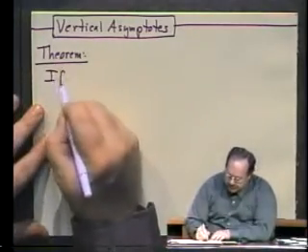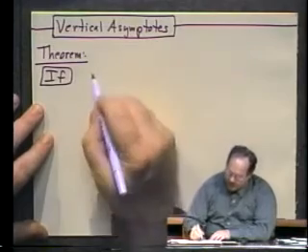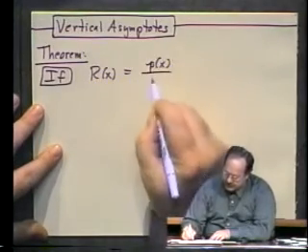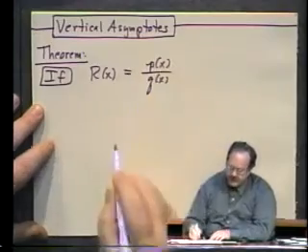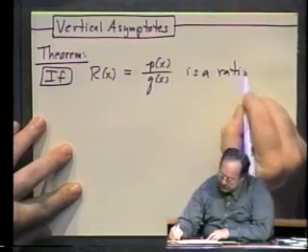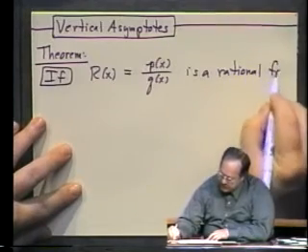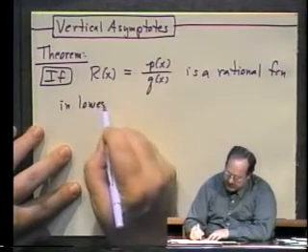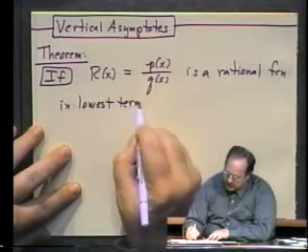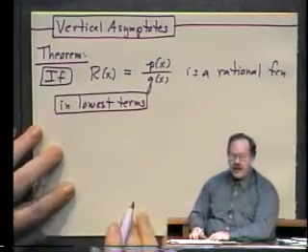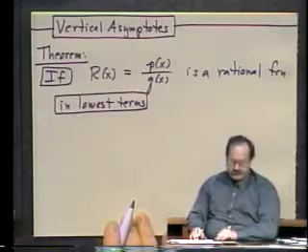So, if R of x equal p of x over q of x, as before, is a rational function in lowest terms. Now there's a crucial phrase, in lowest terms, which remember means that the top and the bottom, the p and the q, have no factors in common.